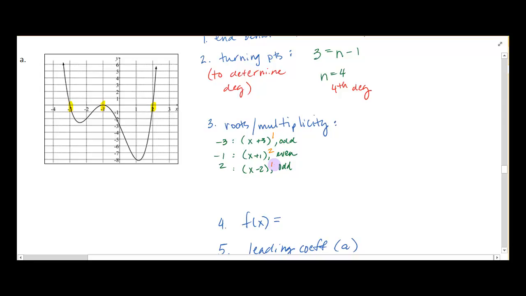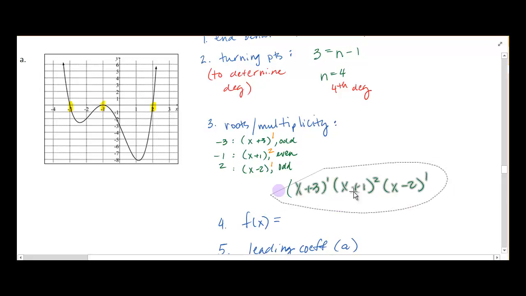What I end up with is x plus 3 to the first, x plus 1 to the second, x minus 2 to the first. That does give me odd, even, odd. Now let's count it up and make sure it's 4th degree: 1 plus 2 is 3, plus 1 is 4. So that's the polynomial I'm looking at.